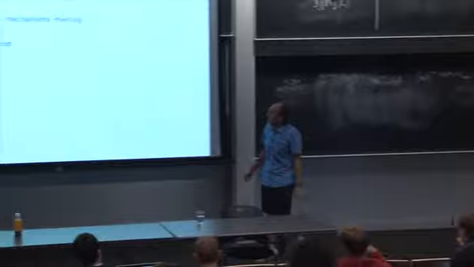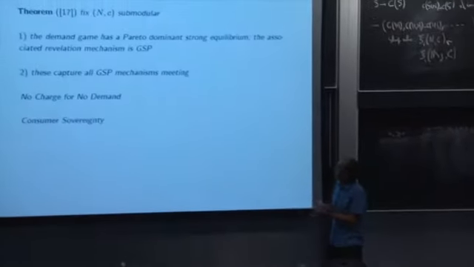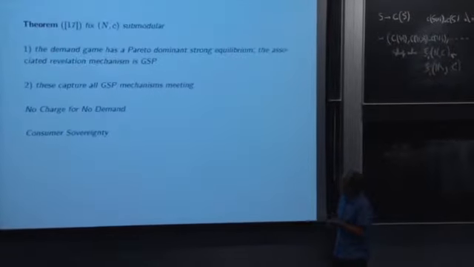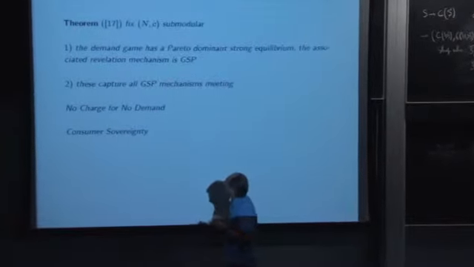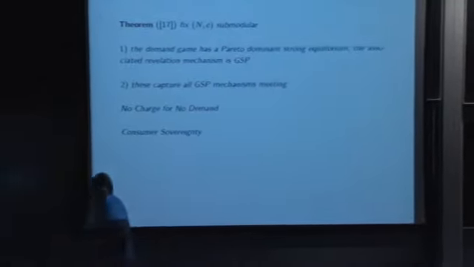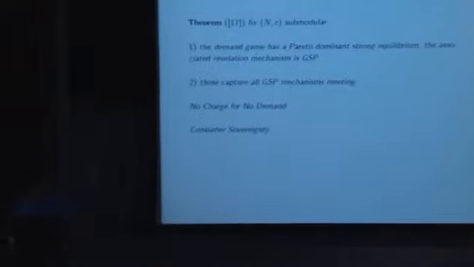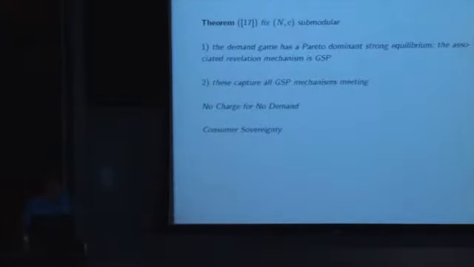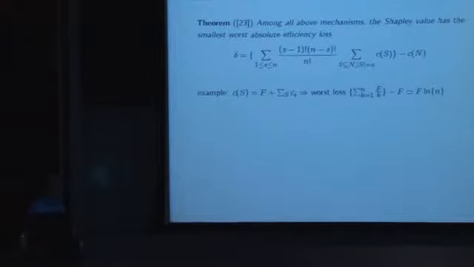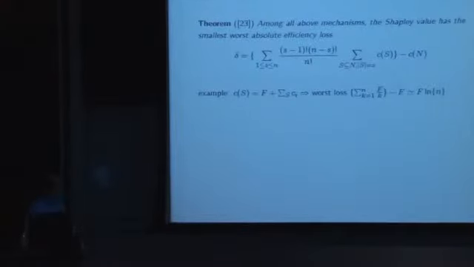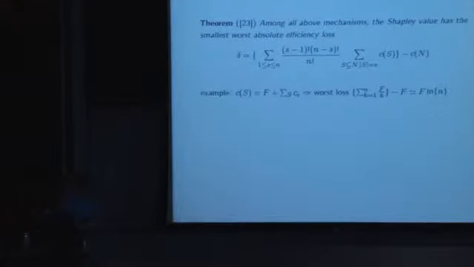This class of mechanisms can be characterized by the properties of group strategyproofness, no charge for no demand, and consumer sovereignty. Same as before. And it turns out also that there's an interesting viewpoint on the Shapley value.